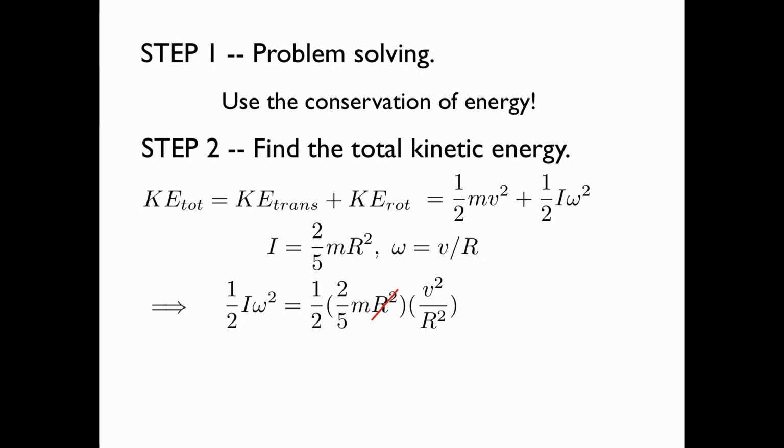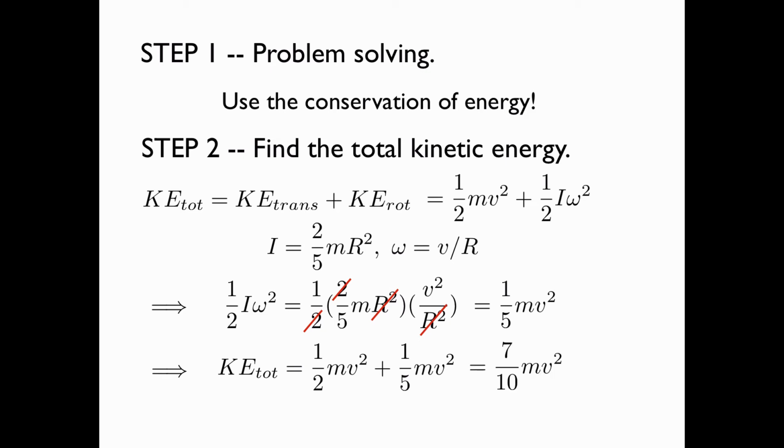But notice, this allows us to cancel out r and to cancel out these 2's so that we have an expression only in terms of m and v. So therefore, the total kinetic energy is equal to this expression, which is equal to 7/10 mv squared.